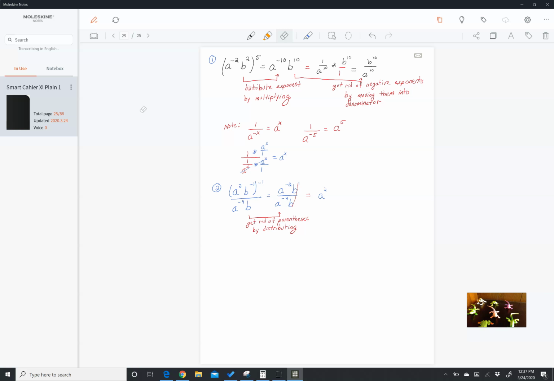And what we did here is we just combined vertically by subtracting exponents. And there are no negative exponents, so we're done here.